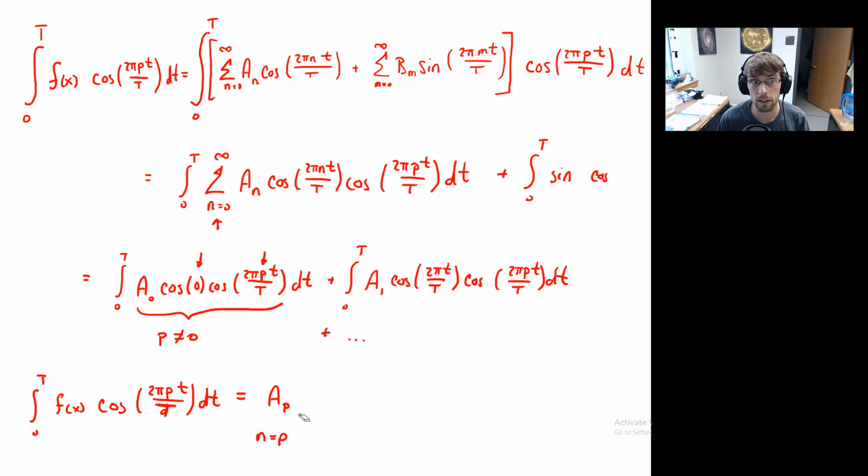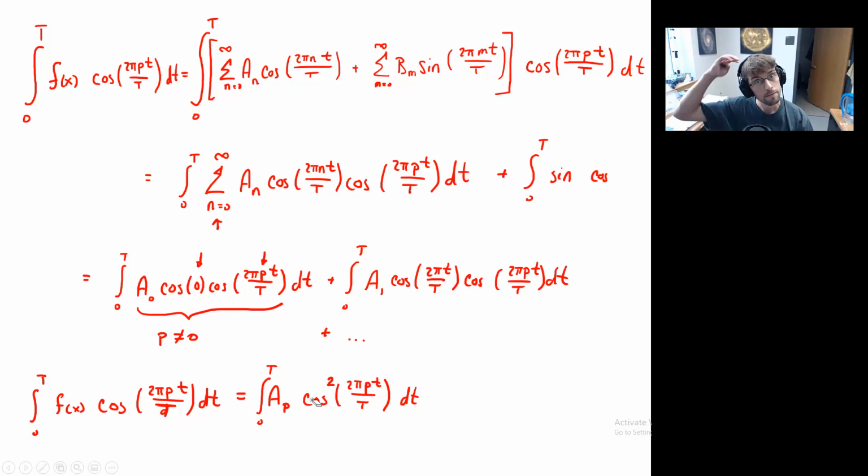It is a set value. And then I'll have the integral from 0 to T of a_p, which is a constant, cosine of 2 pi p t over T dt. And remember, I have 2 of those, so this is actually squared.